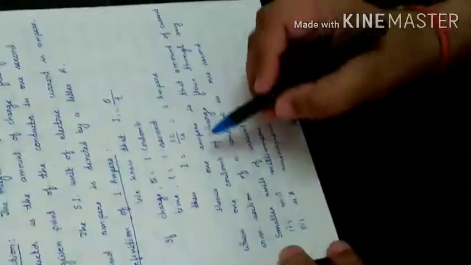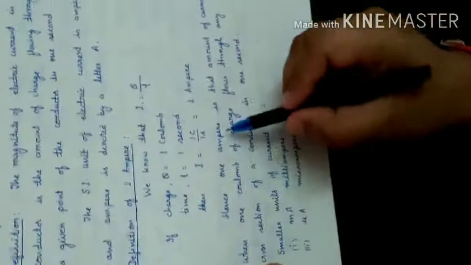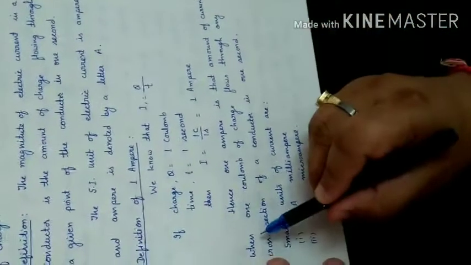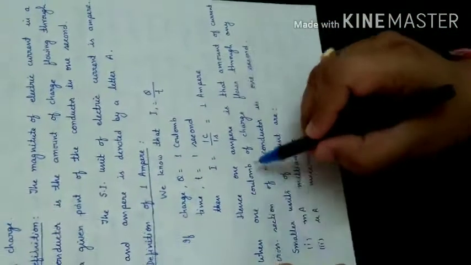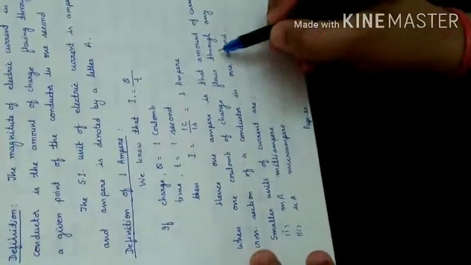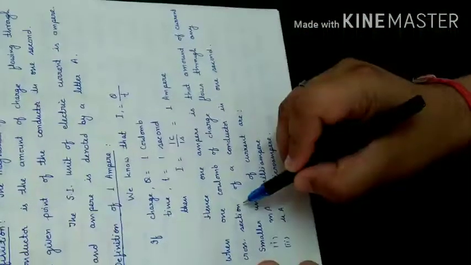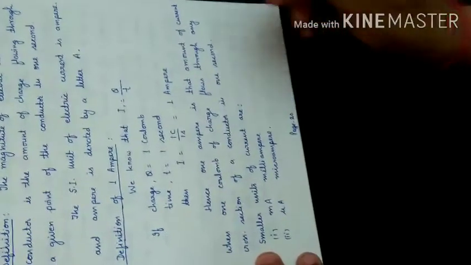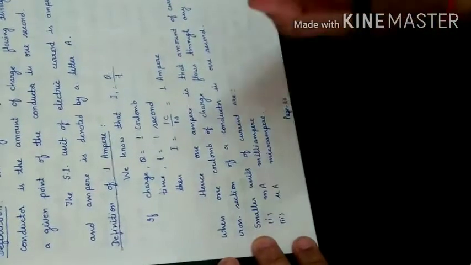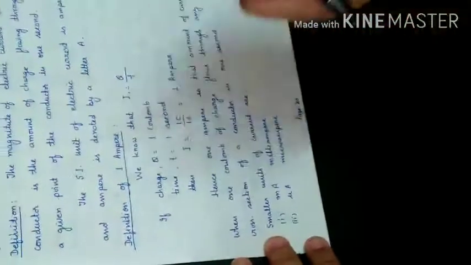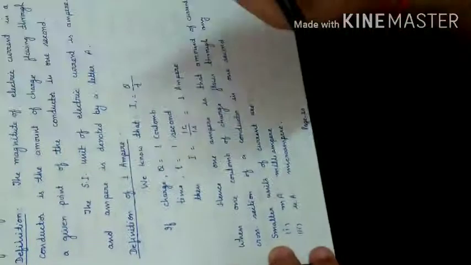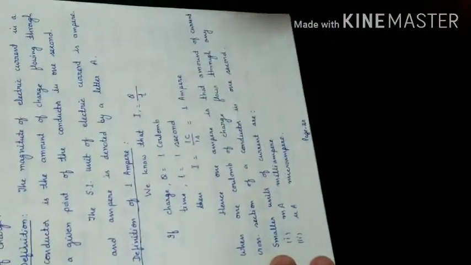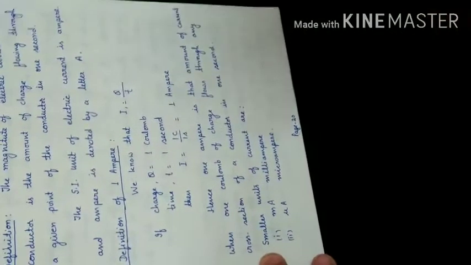So what does it mean? 1 ampere is that amount of current when 1 coulomb of charge flows through any cross section of a conductor in 1 second. So 1 coulomb charge flowing through any cross section of the conductor constitutes 1 ampere current in that conductor.